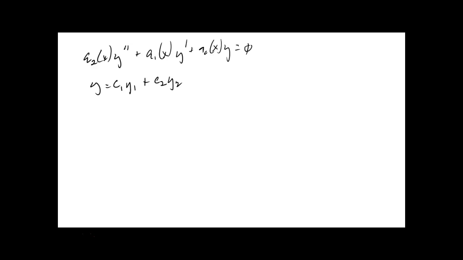It turns out that we can construct a second solution, y2, of a homogeneous equation, even if the coefficients are variable, not constants, provided we know a non-trivial solution, y1, of the differential equation. Non-trivial, not the zero.